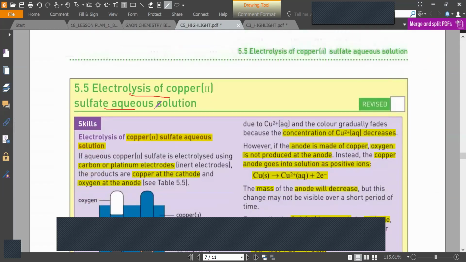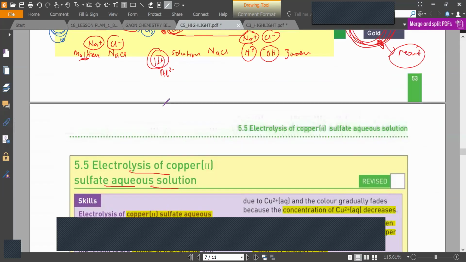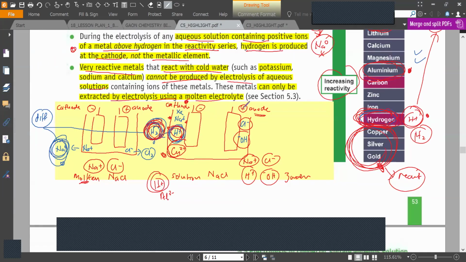Electrolysis of copper sulfate aqueous solution. Okay, so here, we will come into this later, but I mention it quickly. Here we have chloride and hydroxide. Which one will react? It depends on the situation.